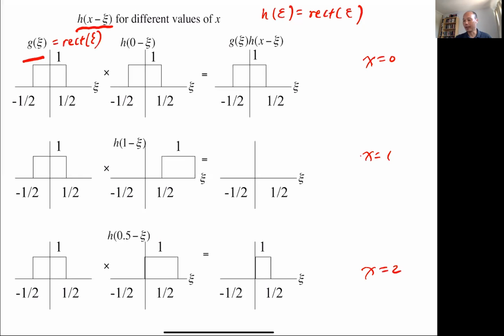So when I plug in 0, I get h of 0 minus xi, which is just h of minus xi. In that case, because it's symmetric, when I take the negative coordinates, it just flips and looks the same. But let's look at another case. At x equals 1, I've got h of 1 minus xi. So the minus xi meant I flipped it, and then the 1 means that I had to shift it over. And so this is actually centered at 1.